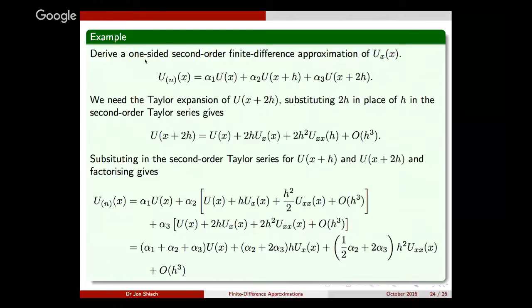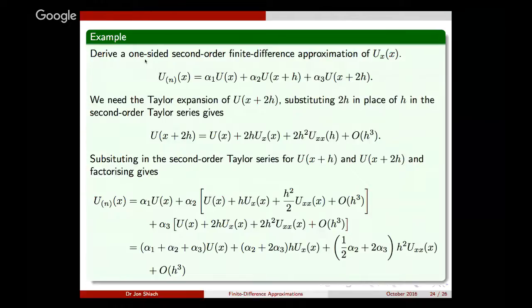Okay, so what are my values of alpha 1, alpha 2, and alpha 3 here? This is slightly more complicated because I've got x plus 2h, so that's sort of 2 steps along. Okay, well, Taylor series, we replace the h with 2h. So we have u(x plus 2h) times the first order derivative.